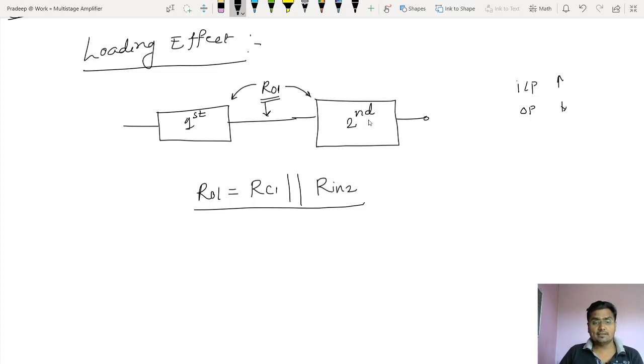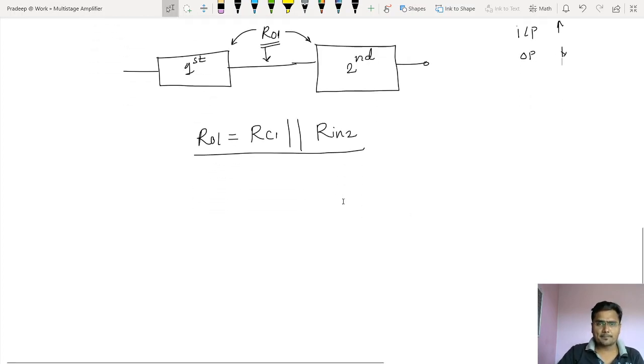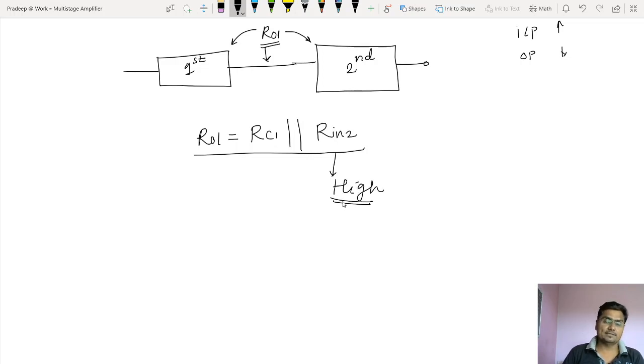Now what is happening here? Let me write it here. Now this Rin2 is what? The input impedance of the second stage. This value of Rin2 is generally very high because it's an input impedance. Now see, Rin2, which is a large value, is in parallel with a very small value.